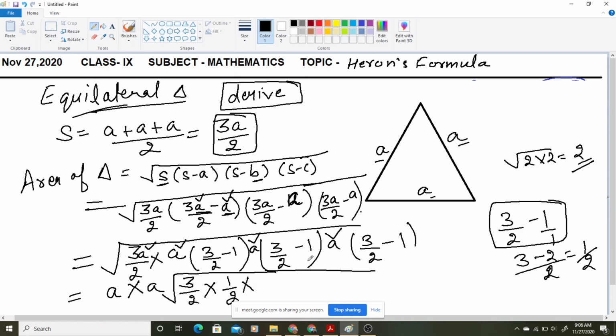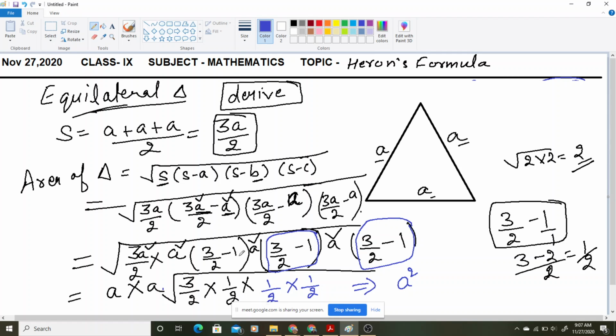Then again here also, if you solve the second one, what will you get? Again you will get 1 by 2. And then you solve this one, what will you get? Again you will get 1 by 2. So that means if I write, A multiplied by A multiplied by A is A square.